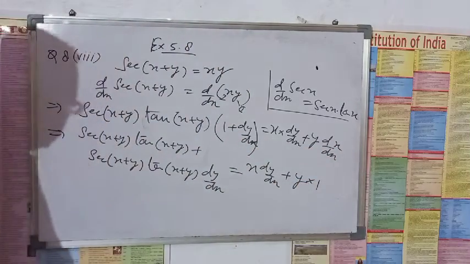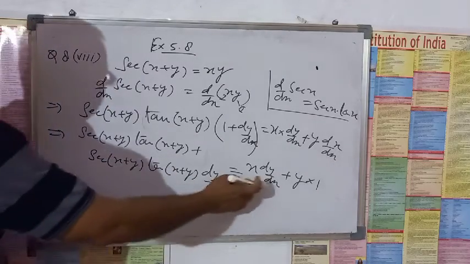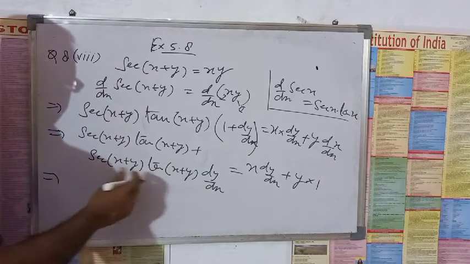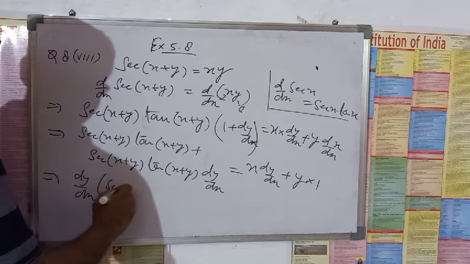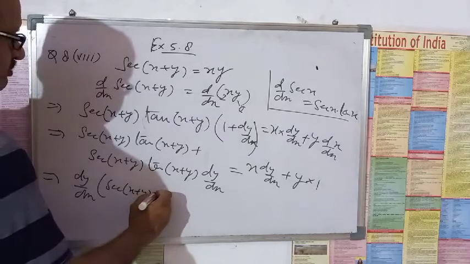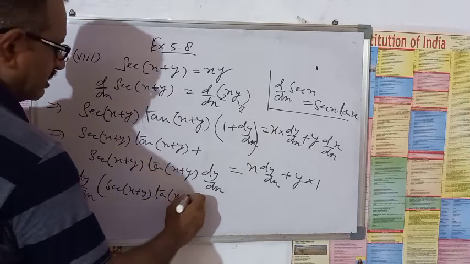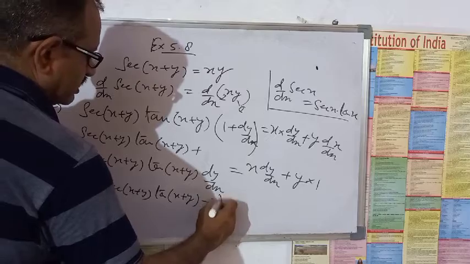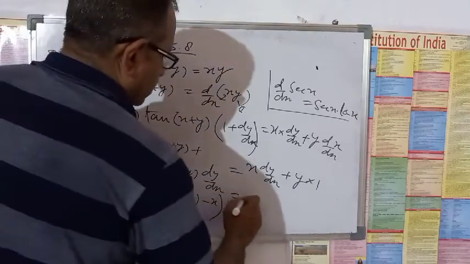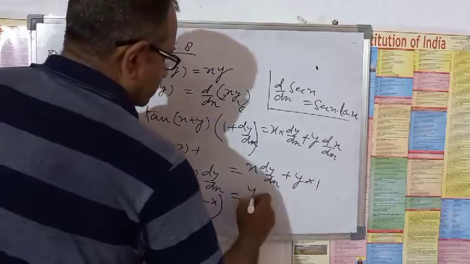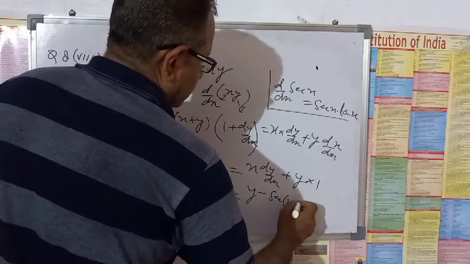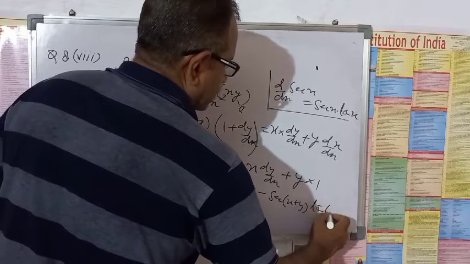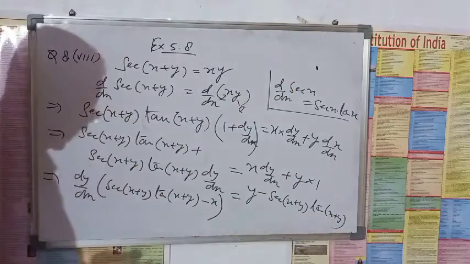So it is 1. Transpose all the dy by dx one side. So transpose this dy by dx and take common also. Sec(x plus y) tan(x plus y) minus x is equal to, here y is there, write y minus sec(x plus y) tan(x plus y).